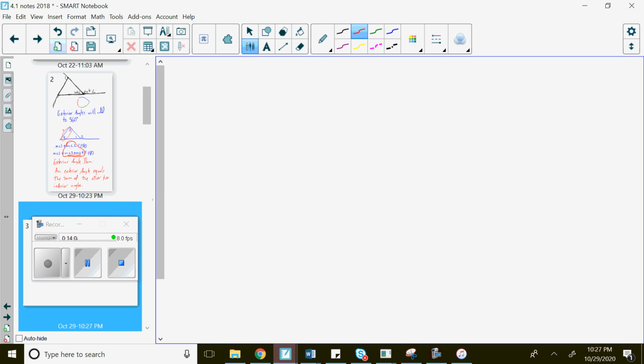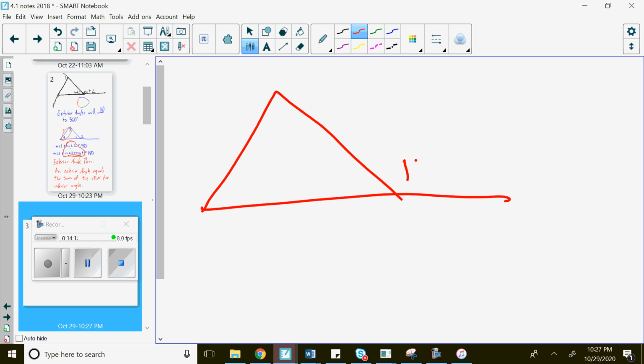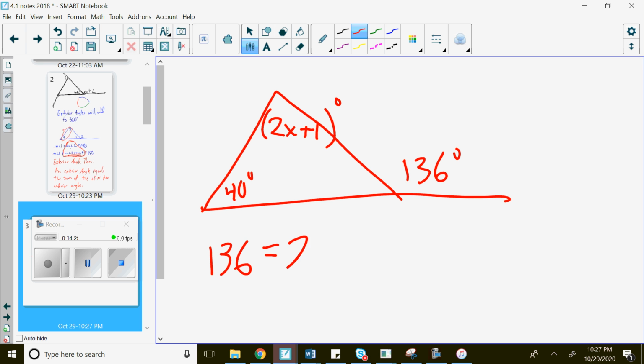So how you'll see that in your homework, on a quiz or test, is this will be like 136 degrees. This will be a 2x plus 1, and this will be like, I don't know, 40. And it's going to say solve for x. And what we'll do is we will say 136 has to equal 2x plus 1 plus 40.